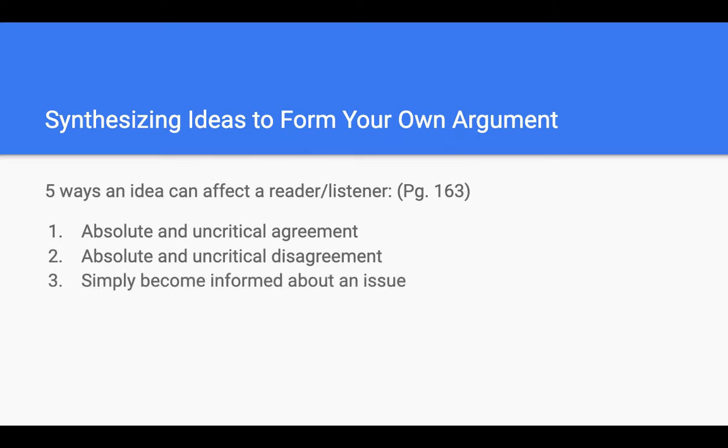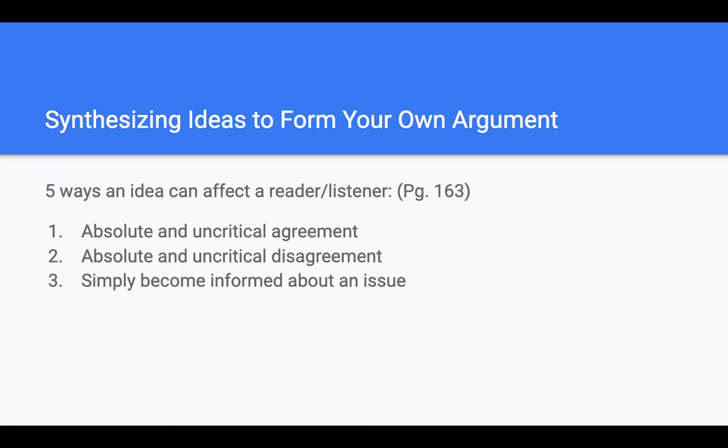3, they can use a source to become informed about an issue. This is a kind of source you can use in your own paper. I didn't necessarily find a main point from this source. This wasn't a rhetorical source or an arguable source, but it just taught me about this issue and I was informed. Sometimes we use sources in our papers just to give our readers some information, okay?